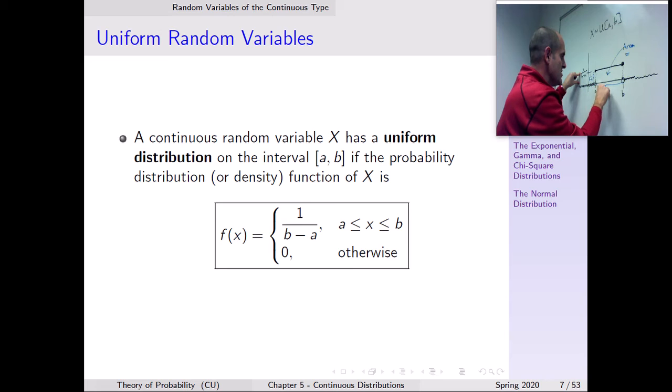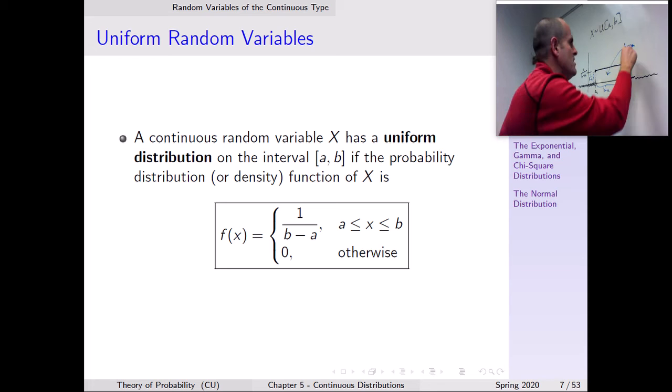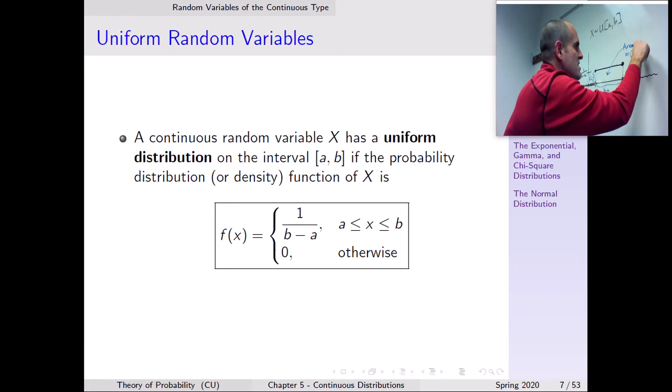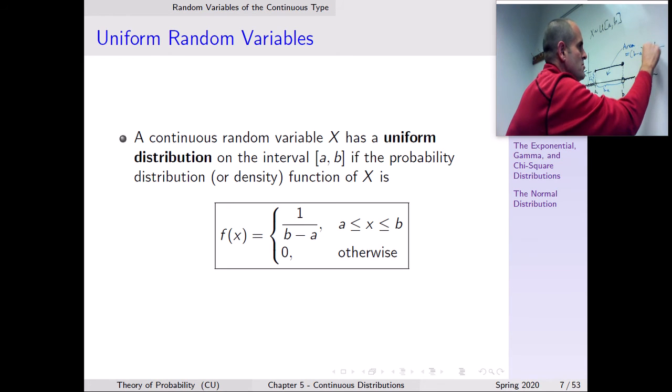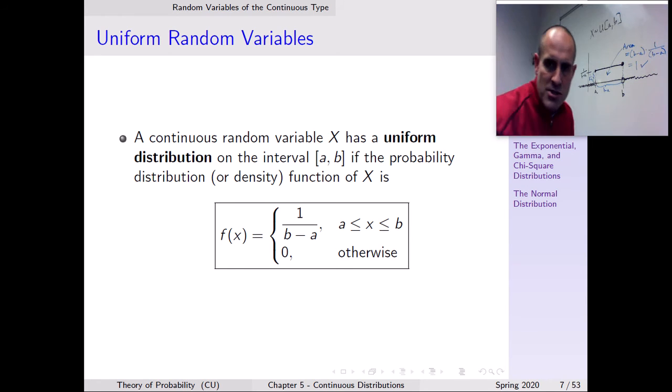Well, it's B minus A. And this is just a rectangle, so it's going to be base times height. So it's B minus A times 1 over B minus A, which is 1, which is exactly what should be true.